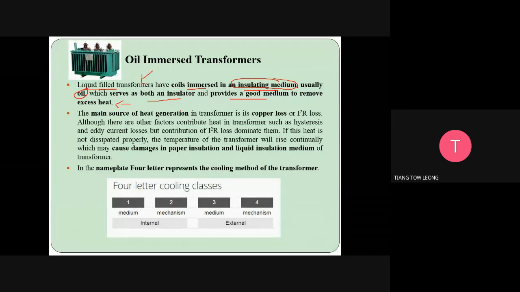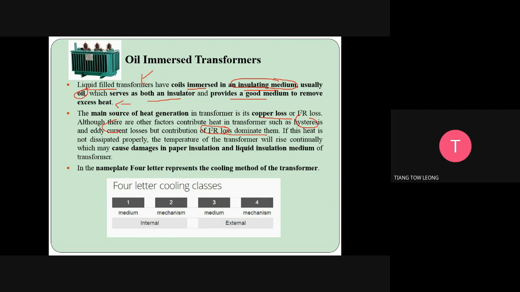The main source of heat generation in a transformer is copper loss, I2R. The core loss and hysteresis loss will be smaller because the frequency is not that high, about 50 Hertz. Although there are other factors that contribute heat in transformers, such as hysteresis or eddy current loss, the contribution of I2R loss dominates them.